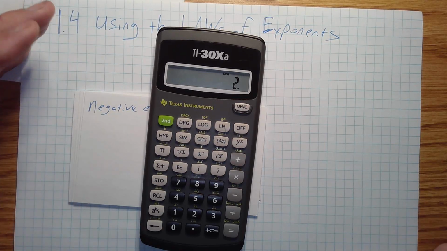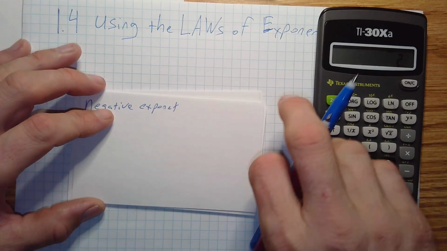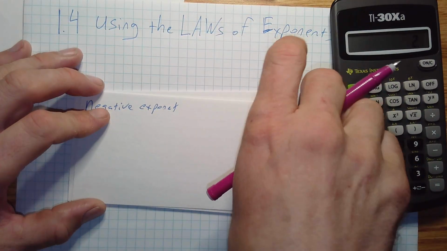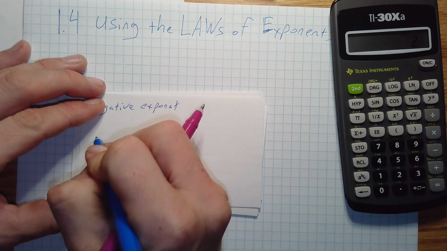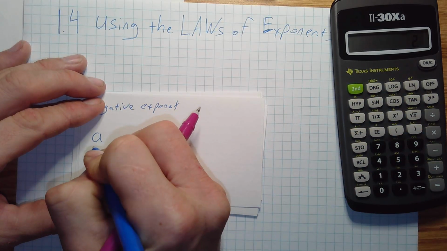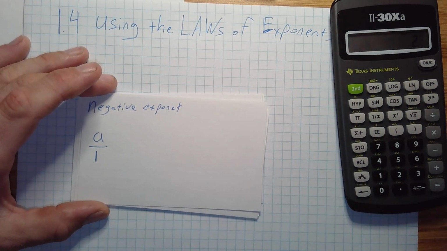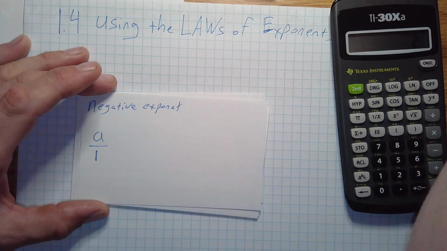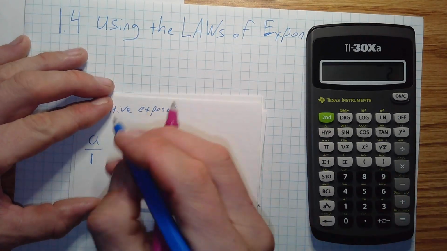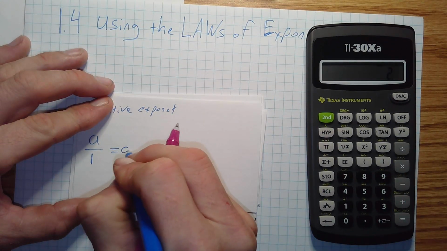That's the invert button. If I take anything A and rewrite A as itself, I can put a 1 over top of it, and it still equals A. Those are the same.